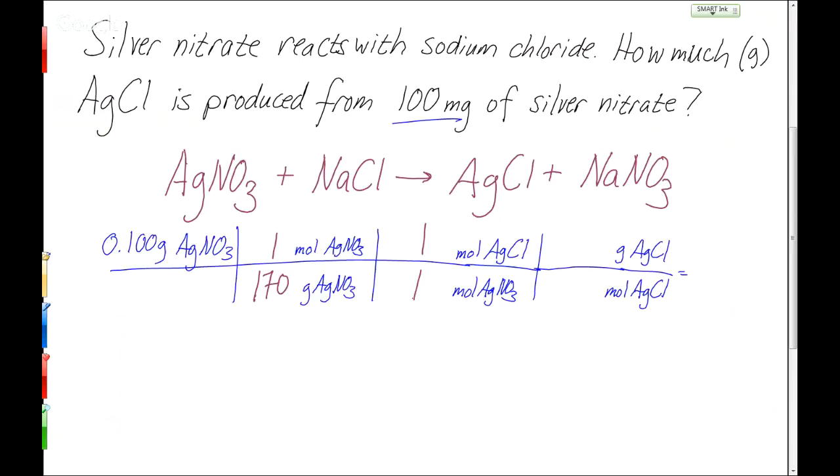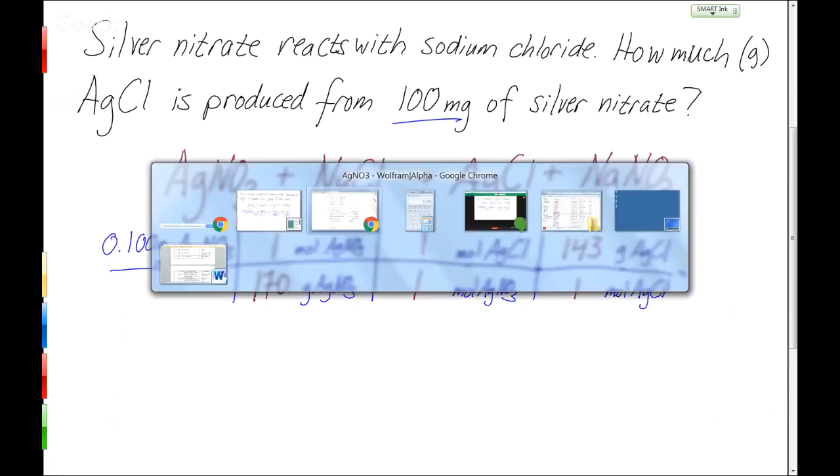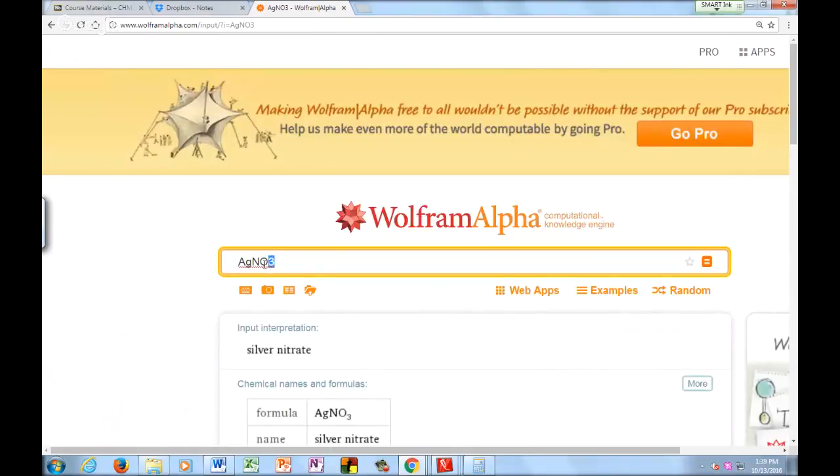We can do the same thing for silver chloride, but that's just 2, so it's not quite so bad. Let's call that 143. Should probably check if I'm right on that one.